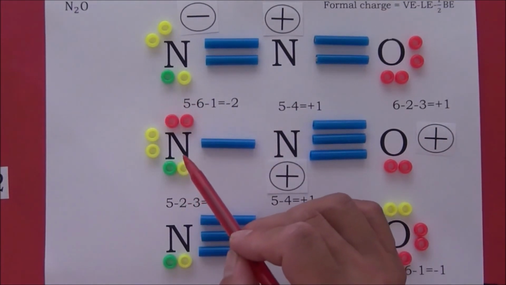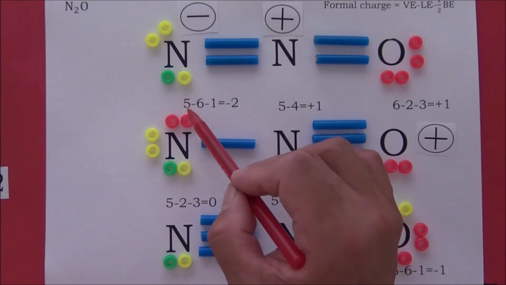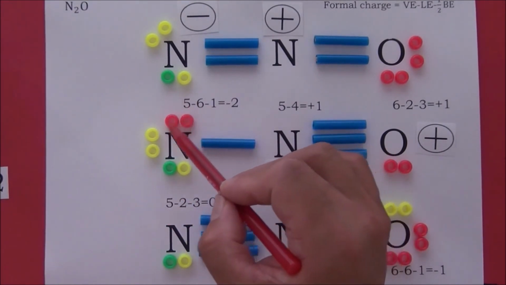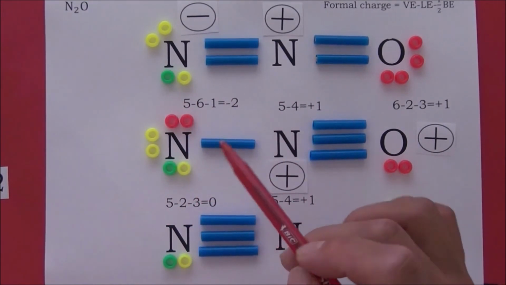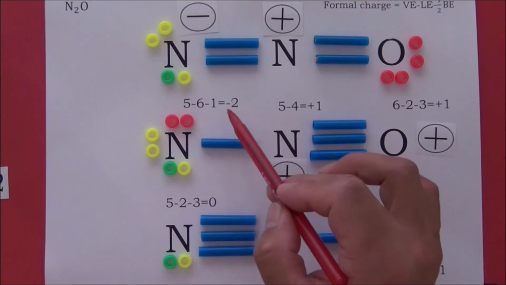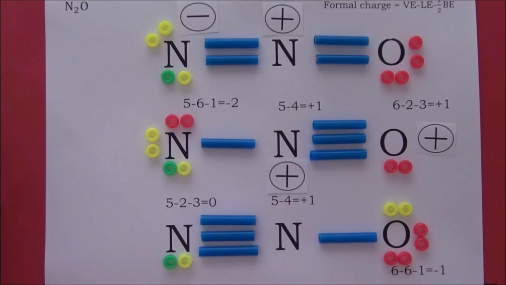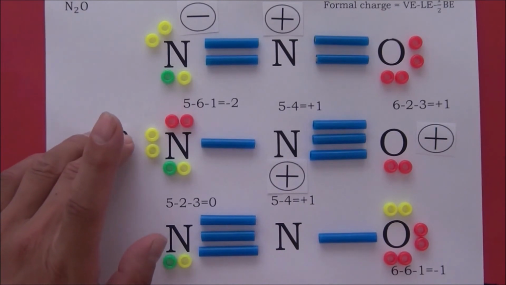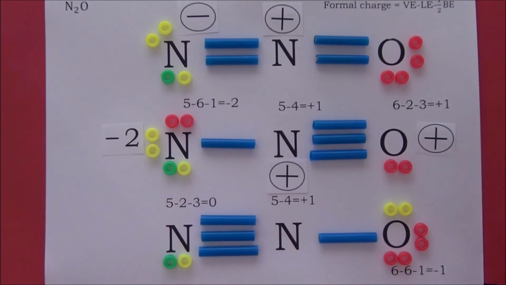For the nitrogen atom on the left, it has 5 valence electrons, minus 6 lone pair electrons, minus 1 bond, equal to negative 2. So the formal charge for the nitrogen atom on the left is negative 2. The oxygen atom has 6 valence electrons, minus 6 lone pair electrons, minus 1 bond, equal to negative 1.